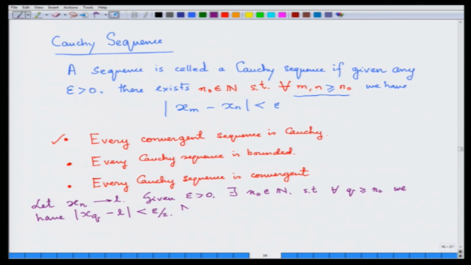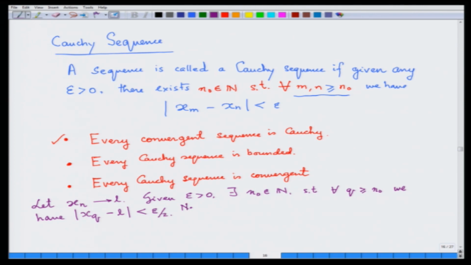If I have epsilon greater than 0, then I also have epsilon by 2 greater than 0. Then for that epsilon by 2, there would exist some n naught such that this would happen. So, this is true.